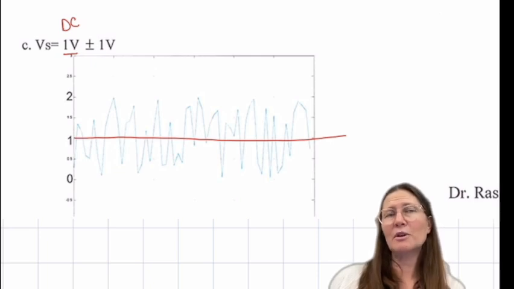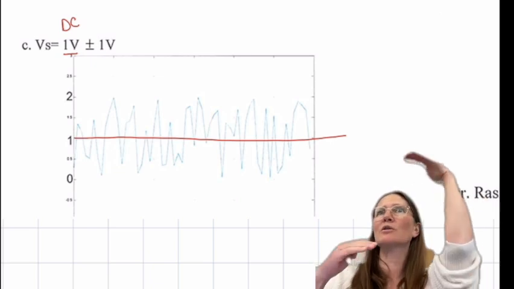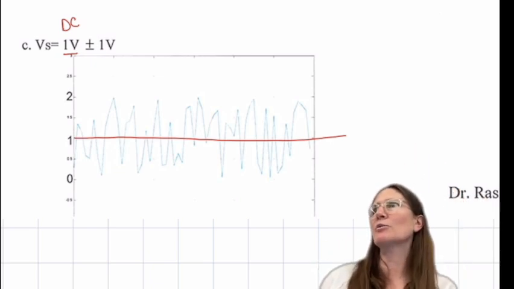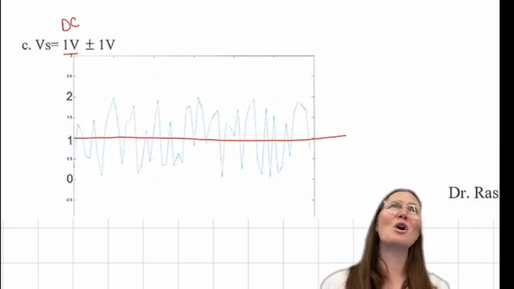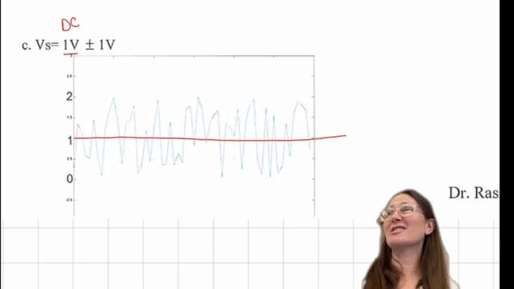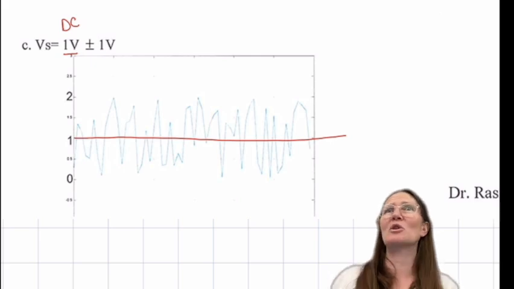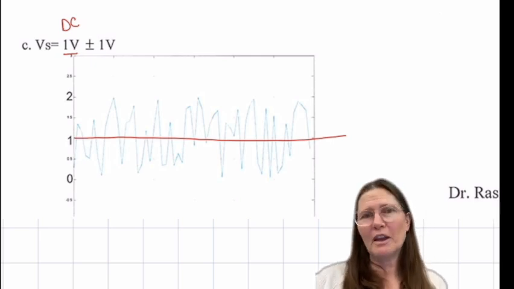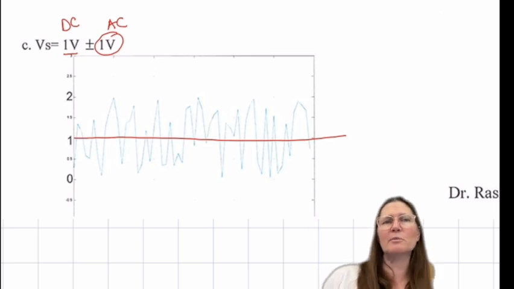We don't have a periodicity to it, so it would just be a plus or minus value of that. And that's what you're going to see with noise, or if you measure the wall output, you're actually going to see a 60 hertz sine wave kind of in there along with a whole bunch of noise. So this would be your DC, which is 1 volt, and then your AC component would be the plus or minus 1 volt.